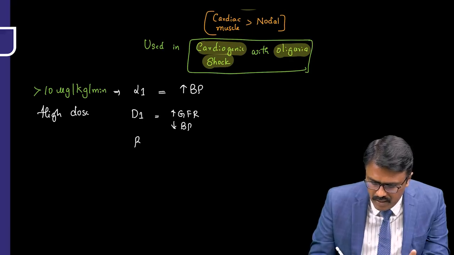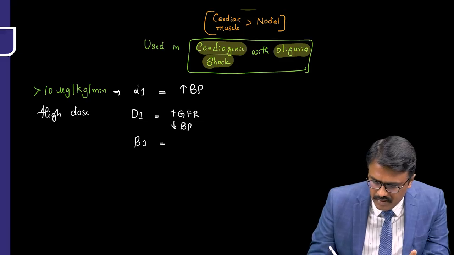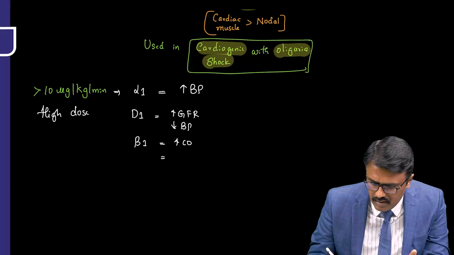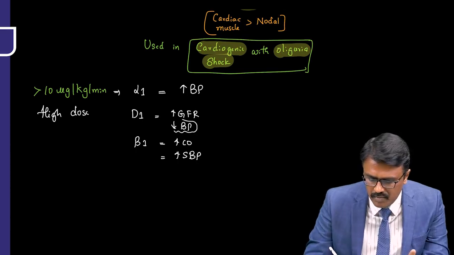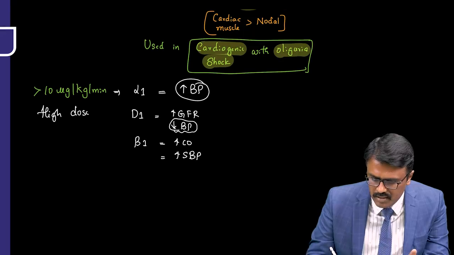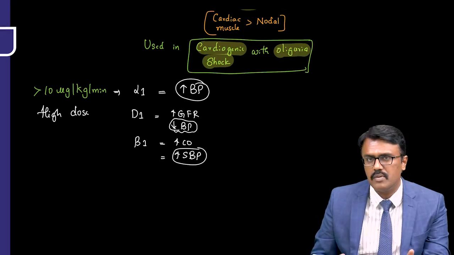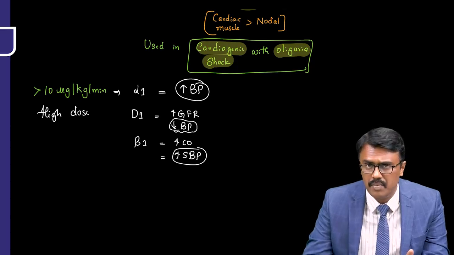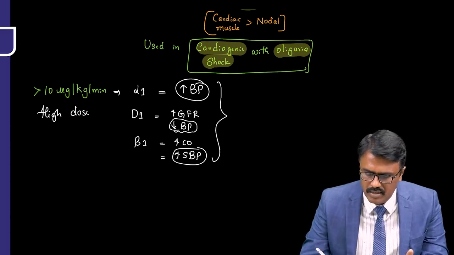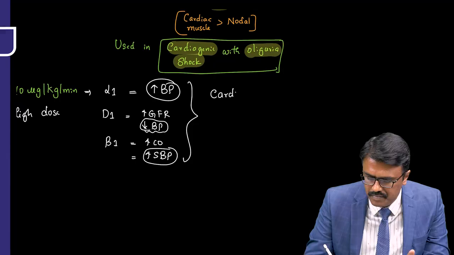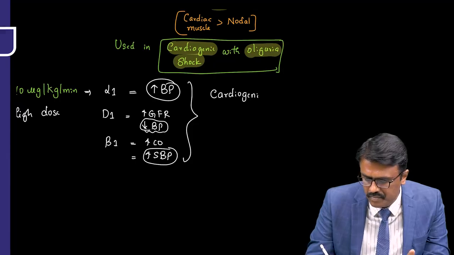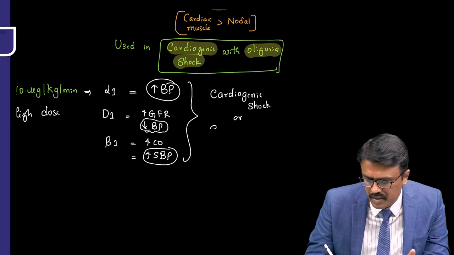The other actions of beta 1 remain, that is increase in cardiac output, and increase in BP. The D1 action is a minor action now, because alpha 1 is also increasing BP, and beta 1 also increases BP. So the drug can increase the BP. This action can be taken into consideration when you are managing cardiogenic shock or septic shock.